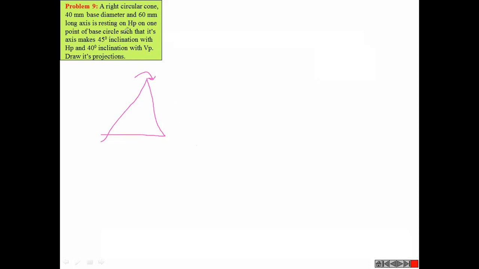On one of the points of the circle, such that its axis makes 45 degrees with HP and 40 degrees inclination with VP. Now carefully understand this. Here both the inclinations, 40 degrees as well as 45 degrees, are made by the axis, that is, the true length, the true dimension is making some angle.